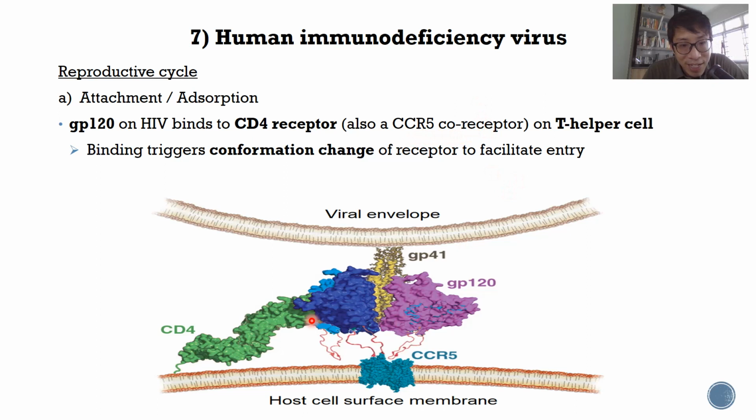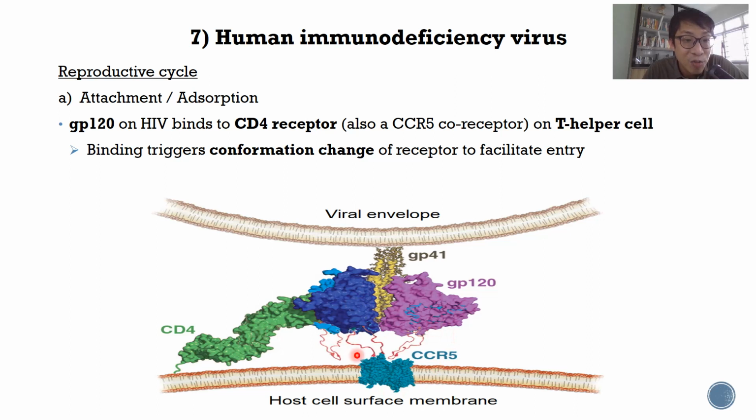As you can see here, this is GP120, the one in blue and purple here. GP41 is the stalk that is linked to the viral envelope. This is the CD4 receptor, and there's a CCR5 co-receptor here as well, right?